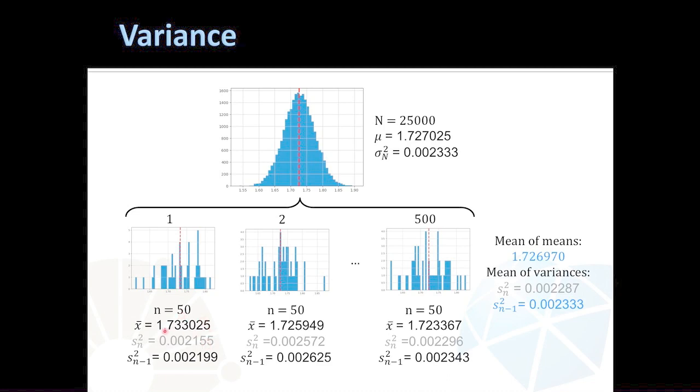If I have the means of all sets, my best estimation of the mean of the population is the mean of the means. In fact, the mean of the means is 1.72. However, if I compute the variance of each set dividing the value by n, the mean of the variances is not the best estimation of the variance of the population.